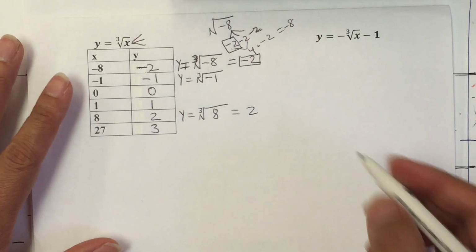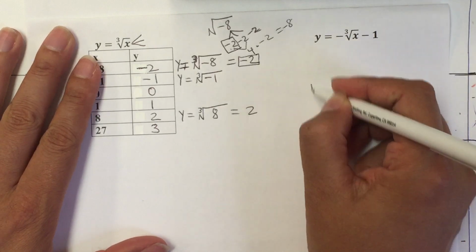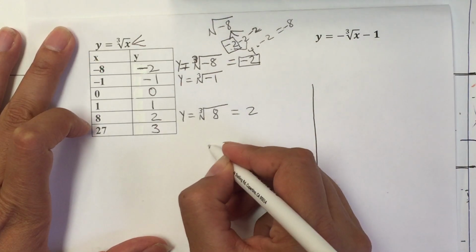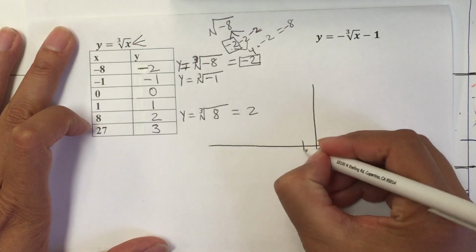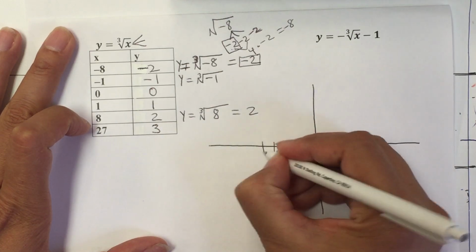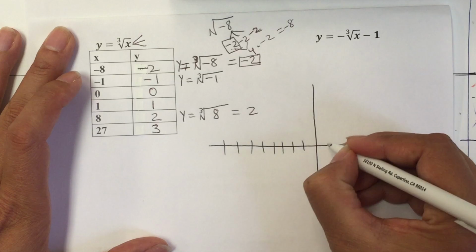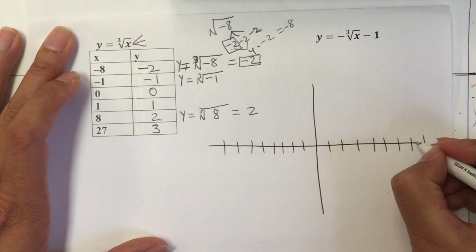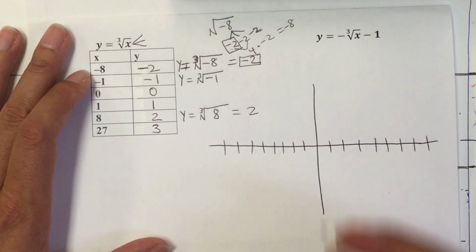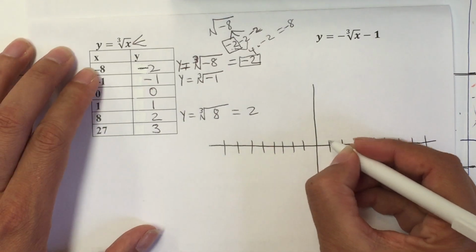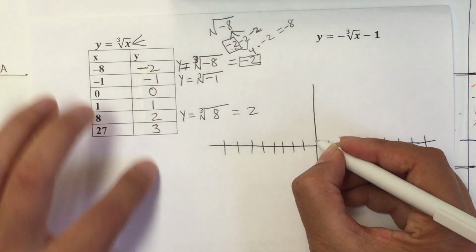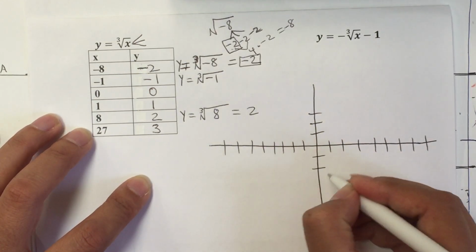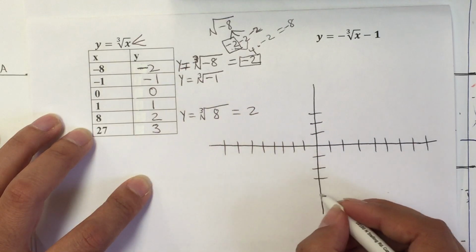Now, the graph, and let me look at the values. For x, I need up to 8 and -8. And for y, I need no more than 3, and -2.